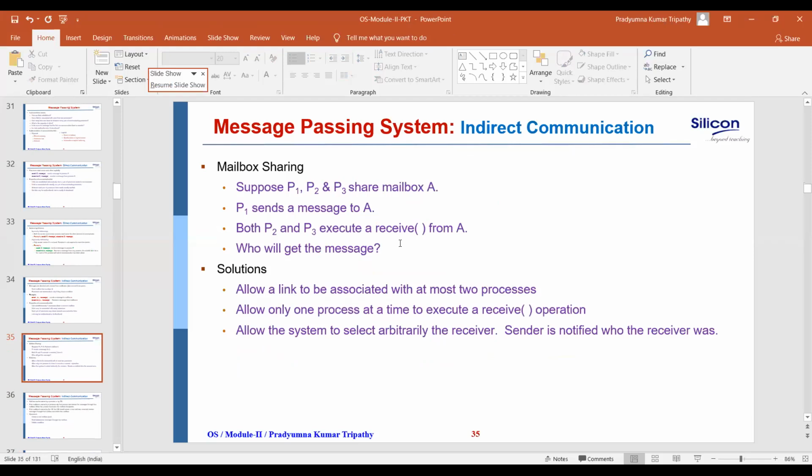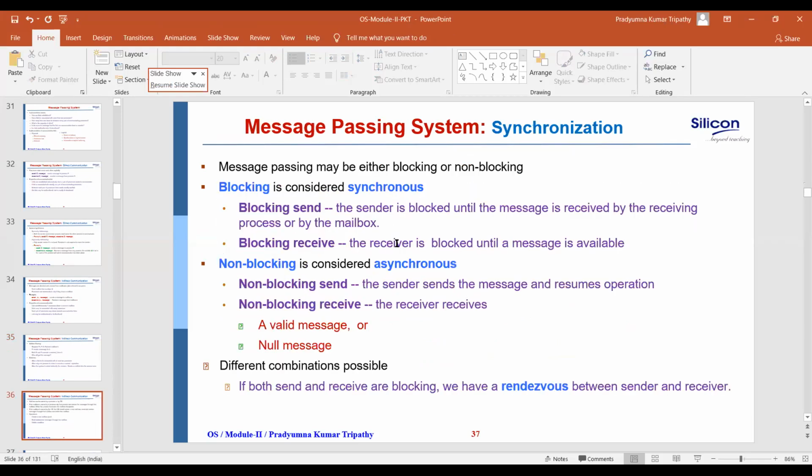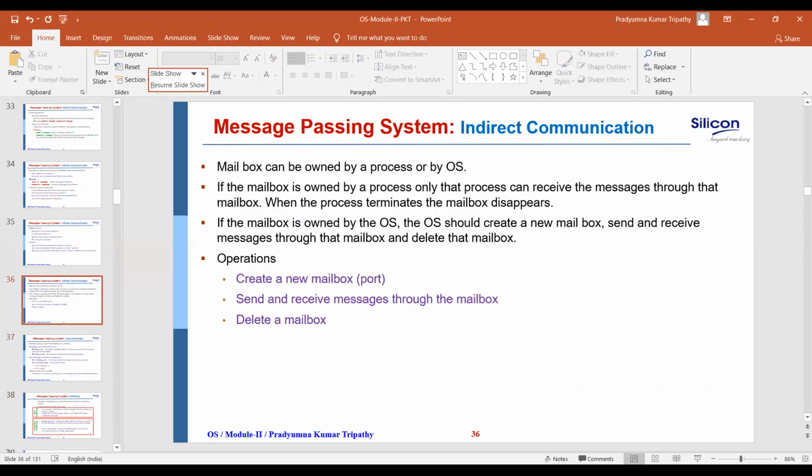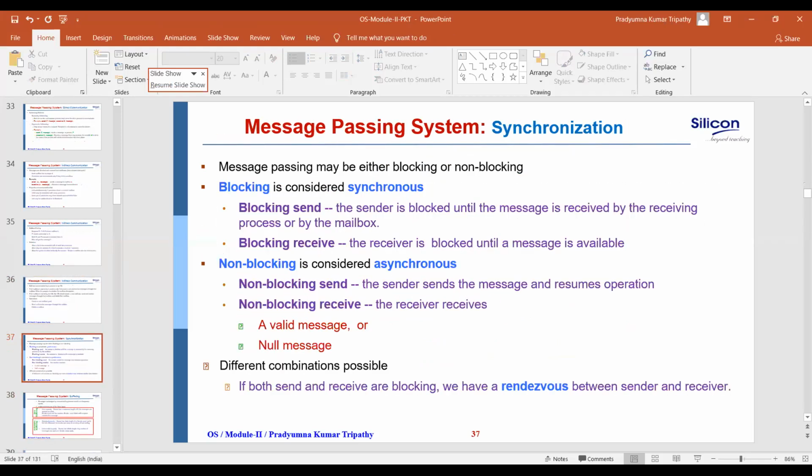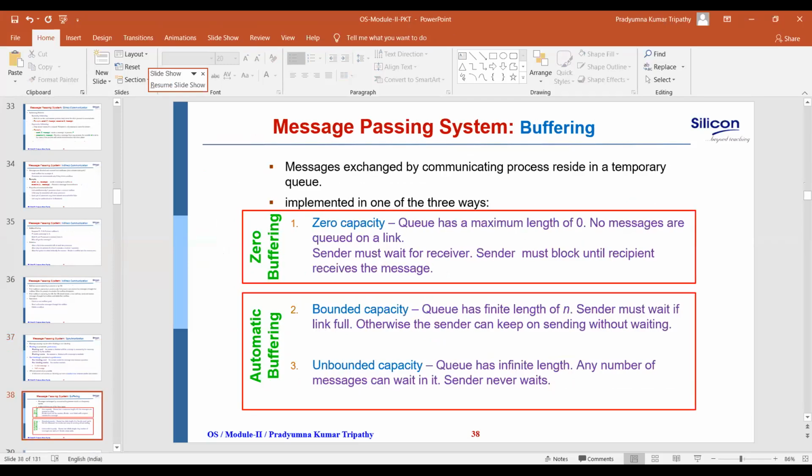And these are the main differences between the indirect and direct communications. Right. Then we have synchronization. We have read about the blocking, non-blocking, and in buffering we have read about the zero buffering and automatic buffering. Zero buffering means the queue length is 0. Automatic buffering has queue length n, so it may be bounded or unbounded buffering.